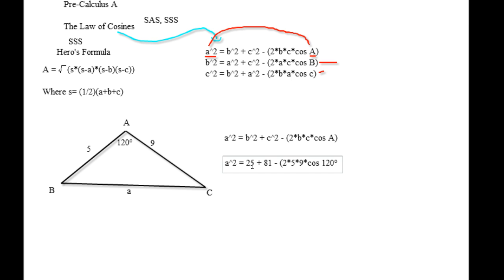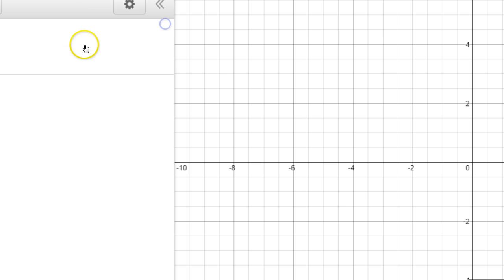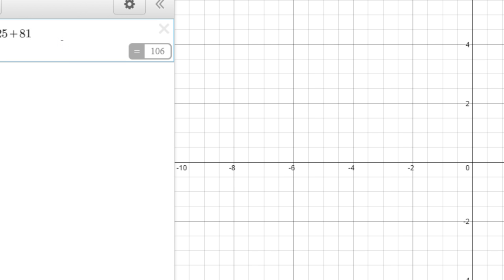Now when simplifying this, you could literally just put that into Desmos as is. Just put in a calculation and you're all set. So we would have 25 plus 81 minus, and you would definitely need the parentheses, 2 times 5 times 9 times cosine of 120. And that would be 151.